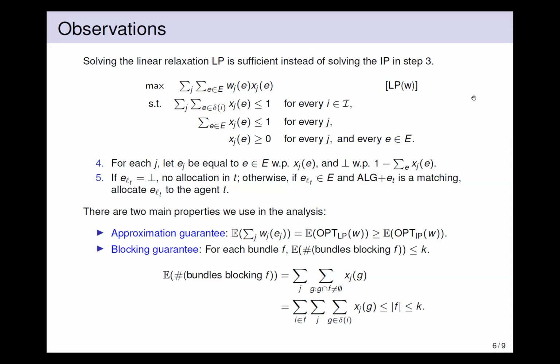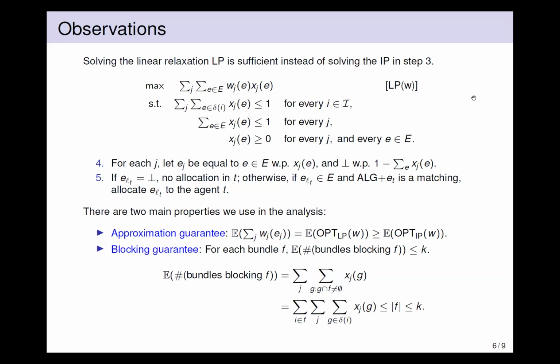Okay, and then in the last step, if your allocation is empty, then don't do anything. And otherwise, you check the filter again. So you say, I want to allocate this edge for the agent, but first let me check that what I have is feasible, so it should be a matching. And if you have a matching, then you allocate, so you pass the filter.